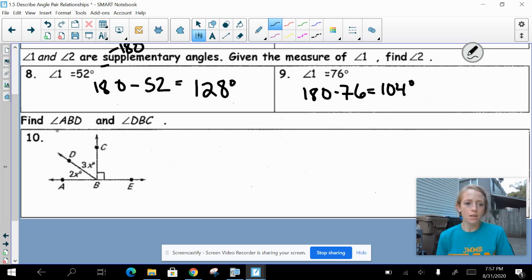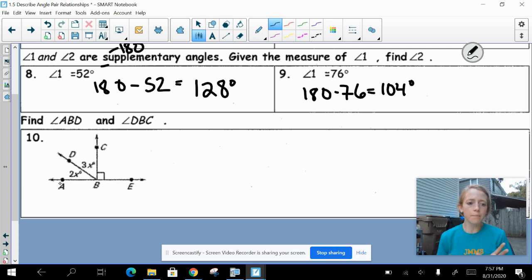Number 10. Find angle ABD. ABD is 2x, but the idea is to find the measure of the angle, so we need to figure out what x is. And DBC is 3x, the other part of this angle.